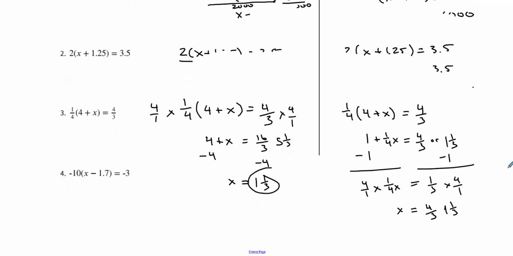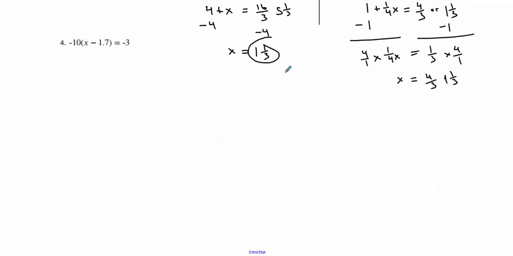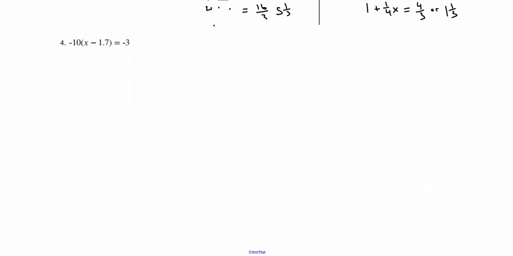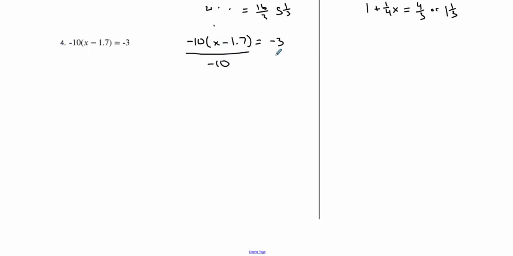All right, let's do the last one. So negative 10 times the quantity x minus 1.7 equals negative 3. So I'm going to divide by negative 10, divide by negative 10.